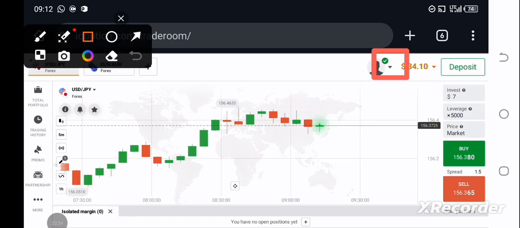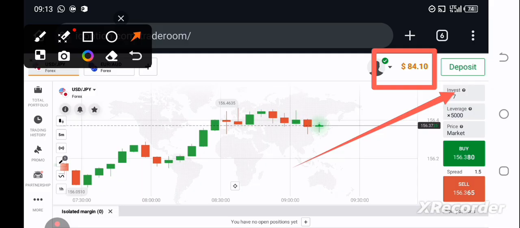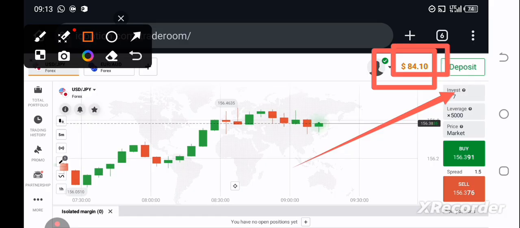This is your trading balance, okay, of $100. Okay. This is your investment capital. So once you are trading, you don't have anything to do with your overall capital, which is this.